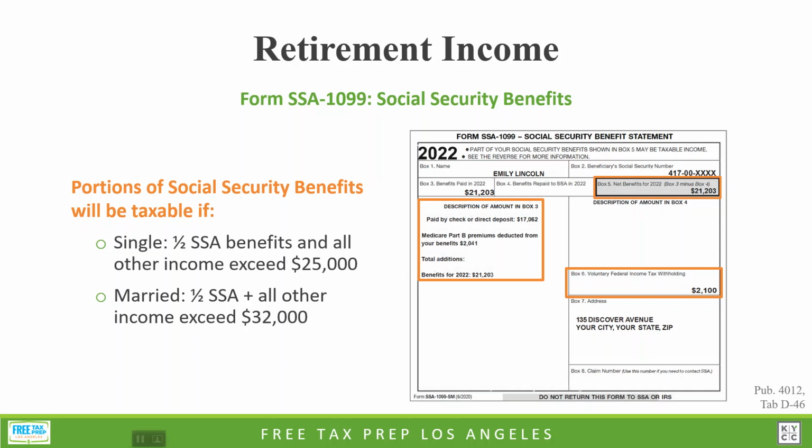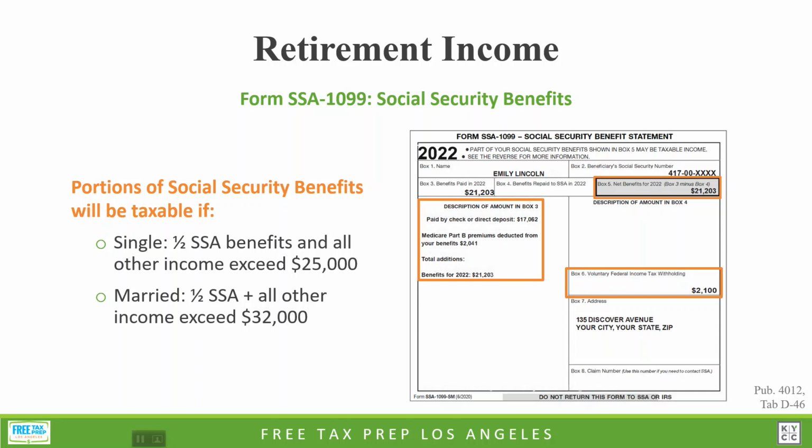And for married couples, it becomes taxable if their income exceeds $32,000. So the taxable amount will depend on the filing status and the other sources of income that the client will be reporting on the tax return.